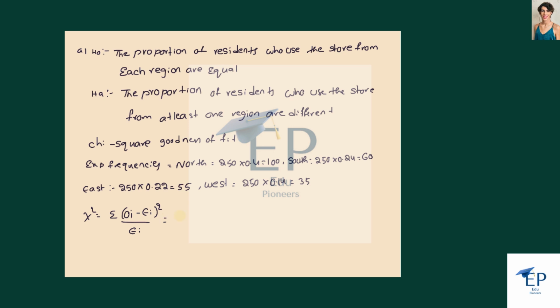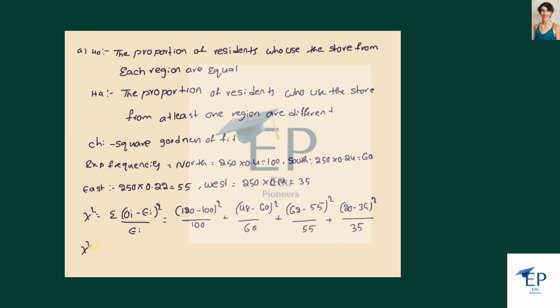So therefore substitute the values one by one. 120 minus 100 whole square divided by 100, plus 48 minus 60 whole square divided by 60, plus 62 minus 55 whole square by 55, plus 20 minus 35 whole square divided by 35.